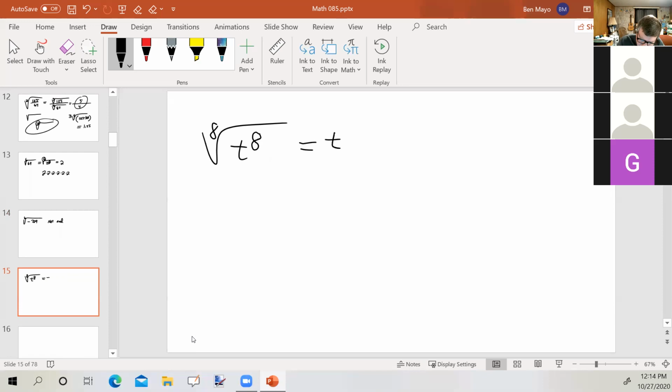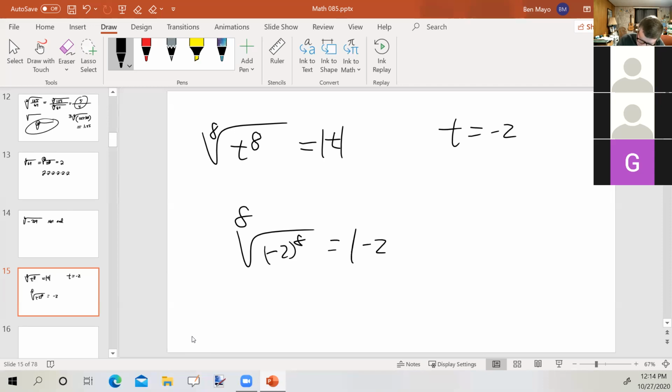T. Okay, just like that. Are we done or not? You have to put the absolute value. Yep, because what if t was negative 2? Then you'd basically be saying this. Oh, wait a minute. We'd have to do that to it, wouldn't we? Yeah.